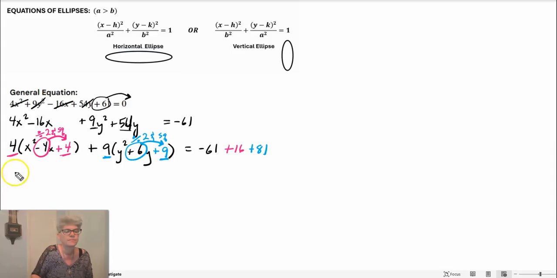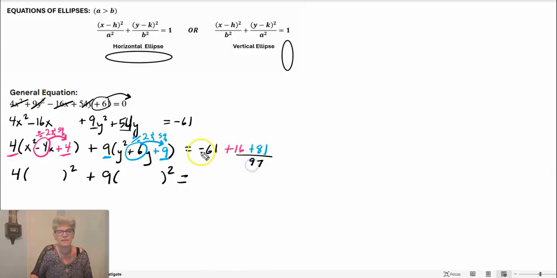So, now I can get this looking a little bit better. 81 and 16 is 97, and then minus 61 is 36. Okay, so all of that's going to be 36.